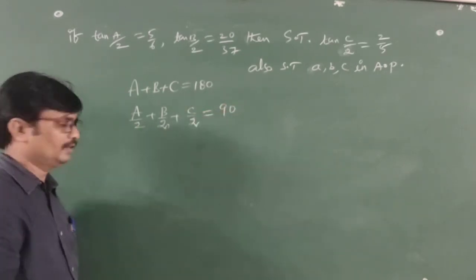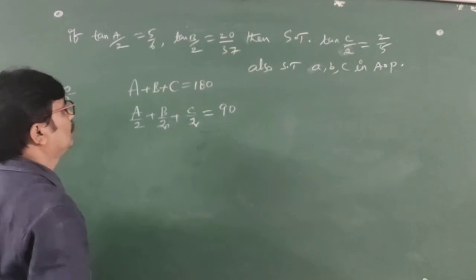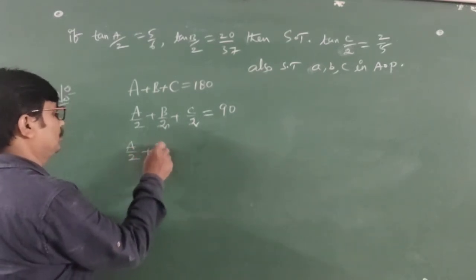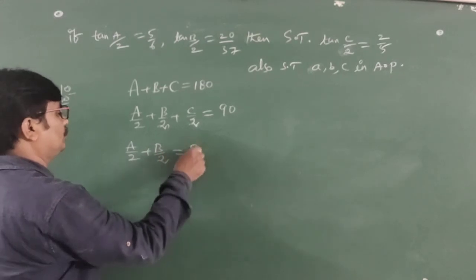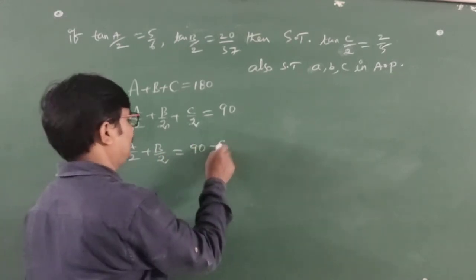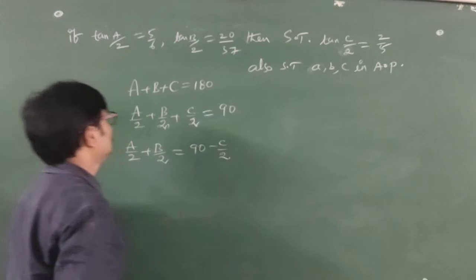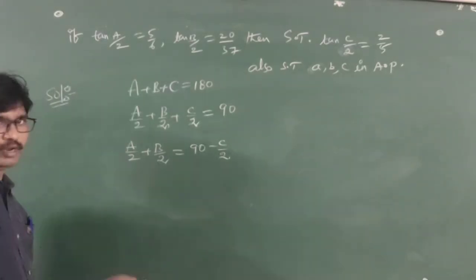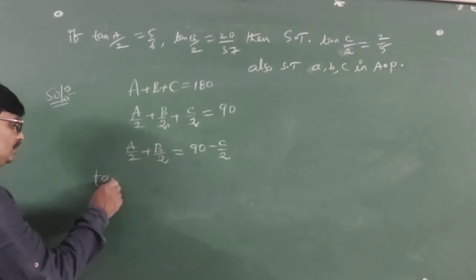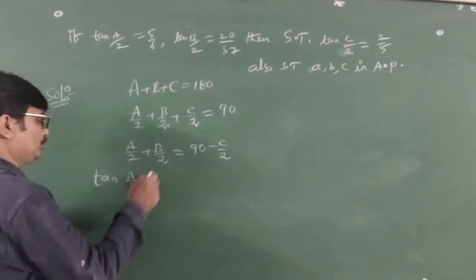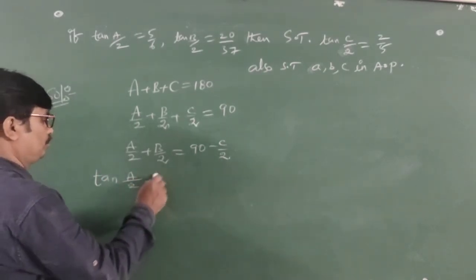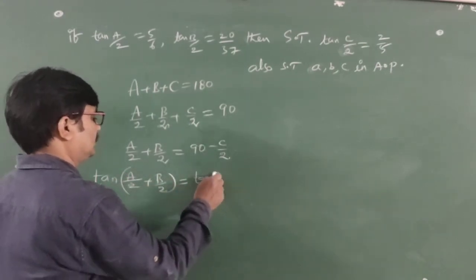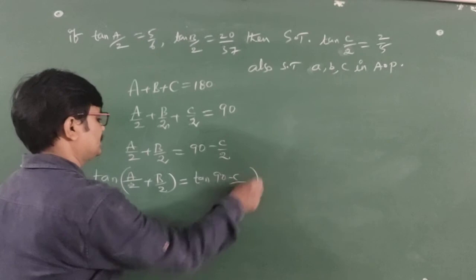Is it clear? Now students, we can write A by 2 plus B by 2 equal to 90 minus C by 2. These are given, the tan A by 2 and tan B by 2 values. Applying tan on both sides, tan of A by 2 plus B by 2 equal to tan of 90 minus C by 2.